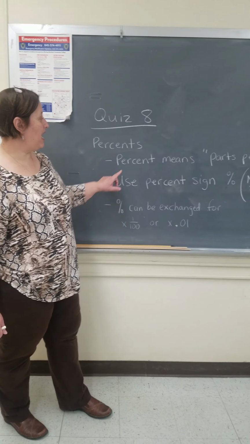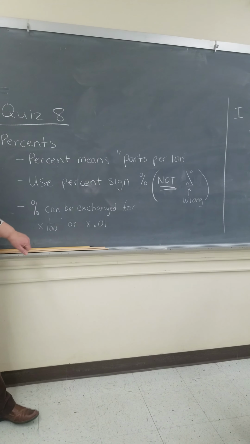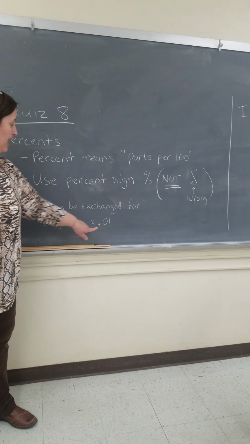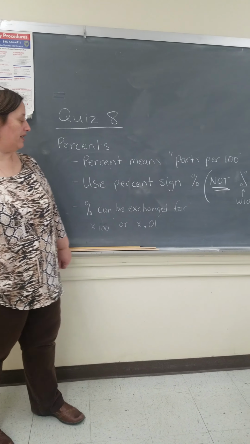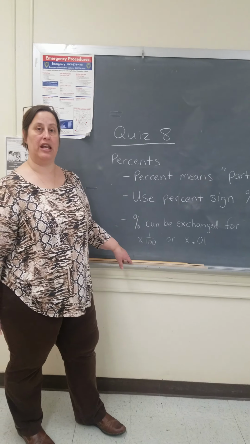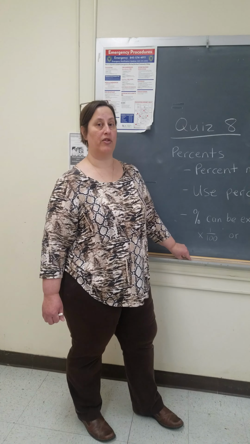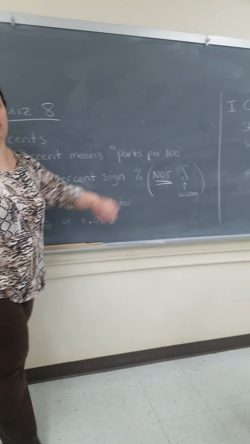So thinking back to the word percent, it means parts per 100. These two should make sense that they are equivalent to the percent sign. Okay, so this is sort of background material that you're going to need in order to work with the percents on this quiz.